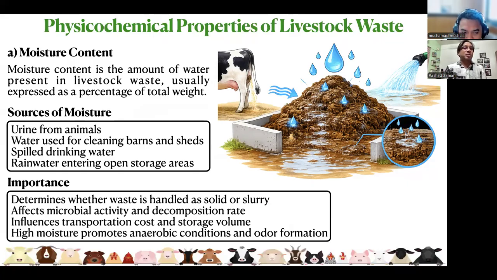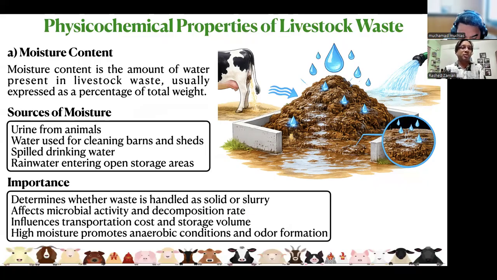Now the sources of moisture. First, urine from animals. When the livestock animals excrete their urine, it easily mixes with the waste or other products, and it increases the moisture content, the water content of the waste.